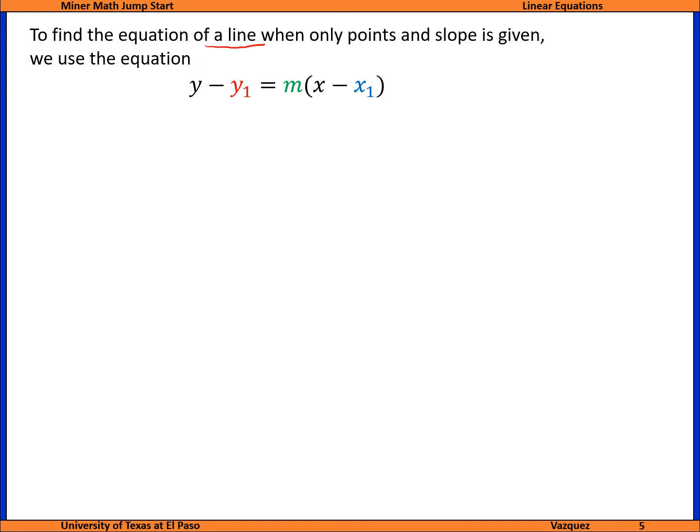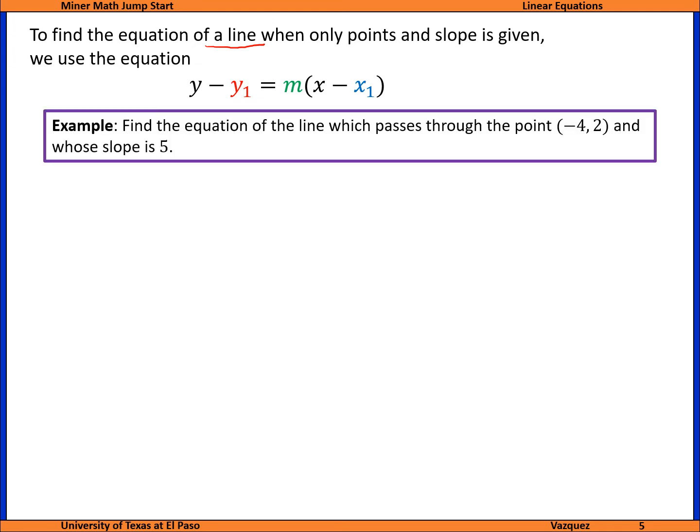So we use this formula. And again, example, we're going to find the equation of a line that passes through the point -4, 2, and whose slope is 5. So they're giving us a point and the slope of the line. All we have to do is find the equation of the line.